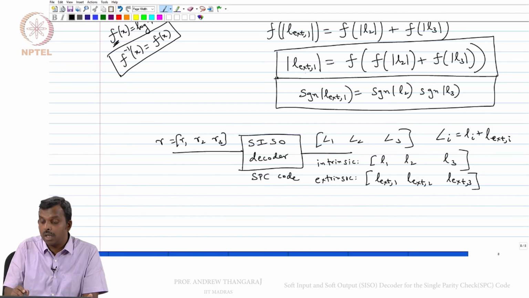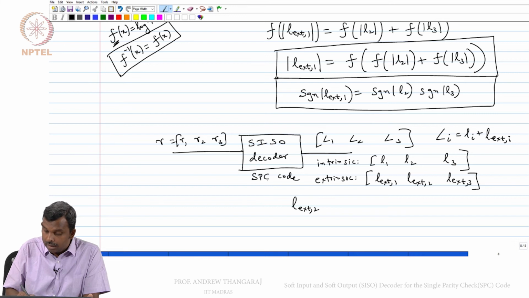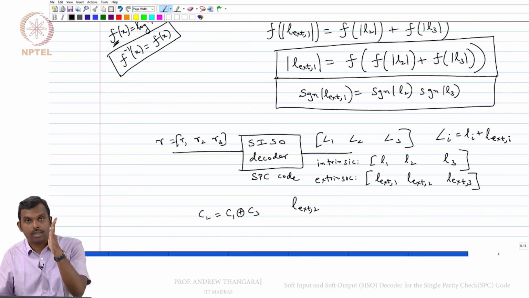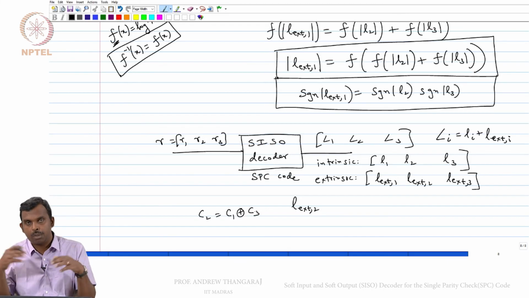How do I find Lx1? You use this formula here. How do I find Lx2? Okay, so it's not very hard. You simply use the same formula as before, except that you use C2 equals C1 XOR C3. Okay, how do I find what C2 is? What C1 and C3 are telling me about C2.